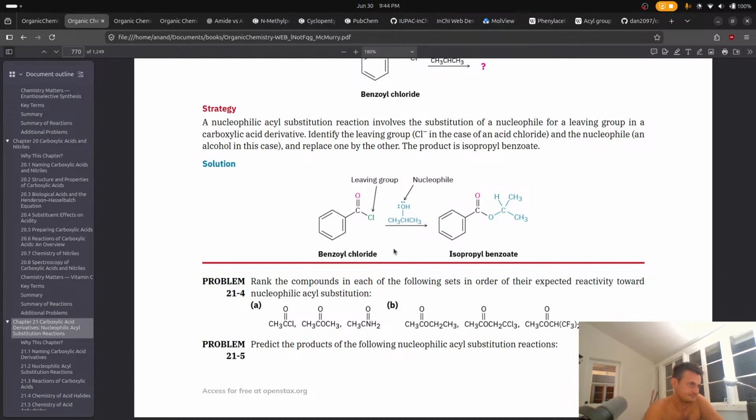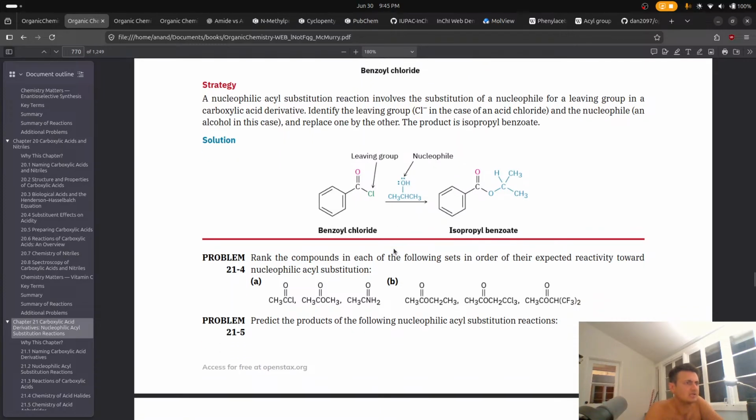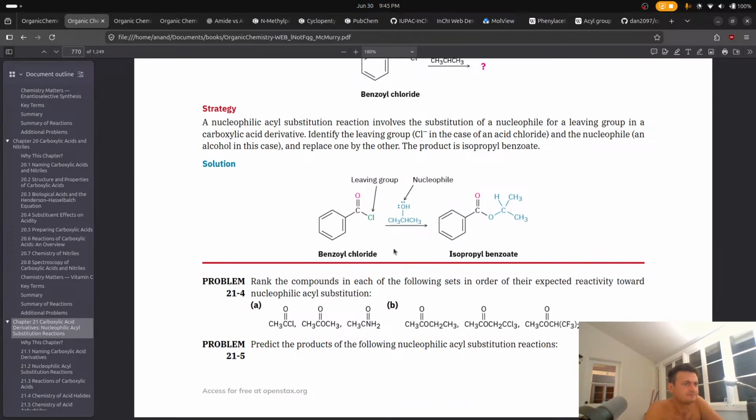Okay, so A is already in order. Here we have an ester, but it's got, I'm going to say 3, 2, 1.